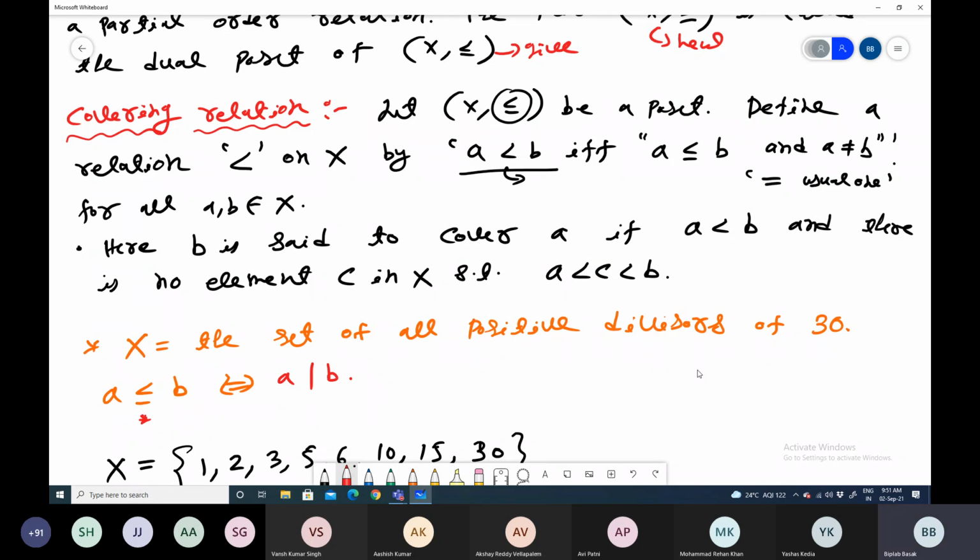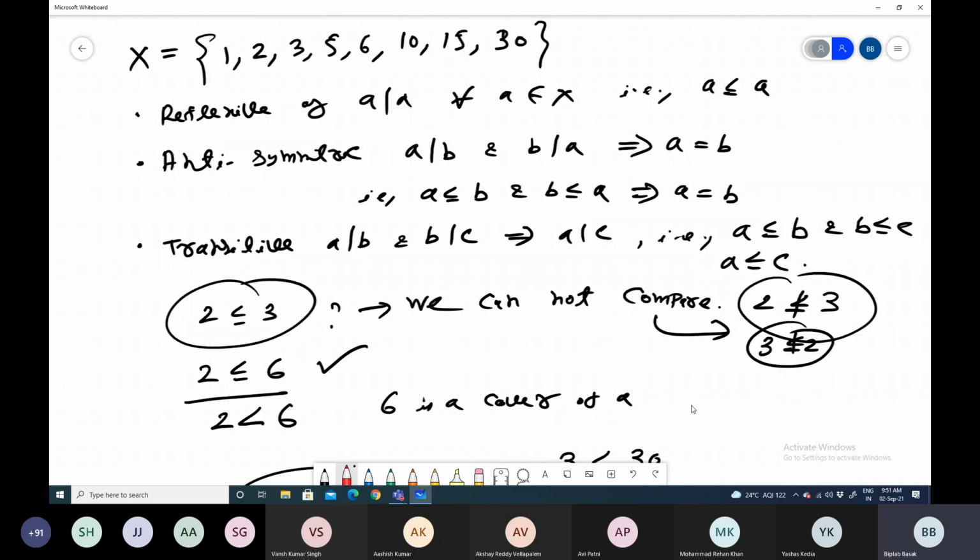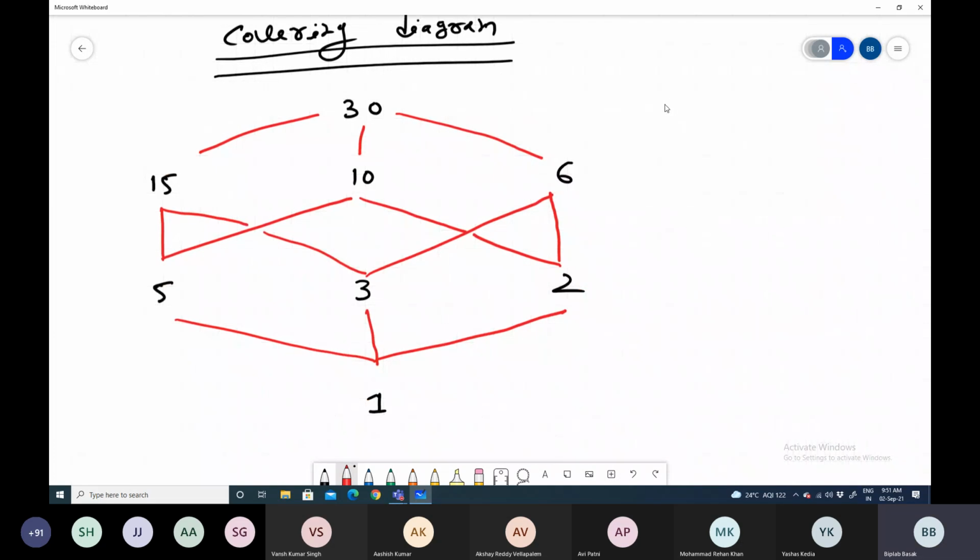Now why are we saying that it is a partial ordering? Note that suppose you have a usual order on this set X equal to 1, 2, 3, 5, 6, 10, 15, 30. So this is the usual order, right?